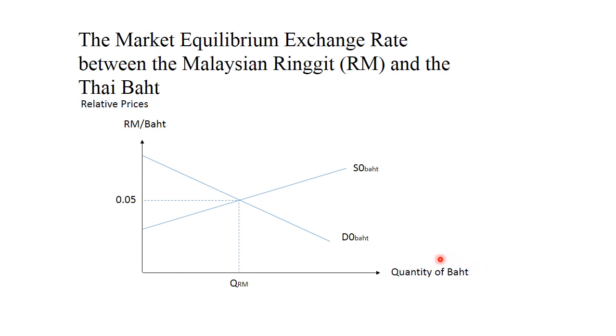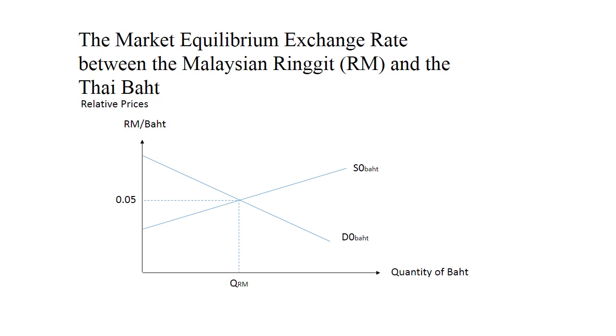Before this it was actually quantity of ringgit Malaysia. Okay, so therefore demand is going to be demand for baht, and this is supply of baht. Okay, and then we suppose that the equilibrium exchange rate is equal to 0.05, and this is the equilibrium quantity.